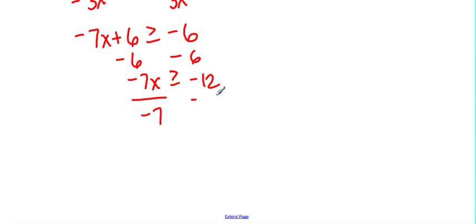And then divide by negative 7. And that's going to be x is less than or equal to, because I divided by negative, so that flips. And then 12 over 7 doesn't reduce, except this becomes a positive. So what that means for graphing, that would be 1 and 5/7.